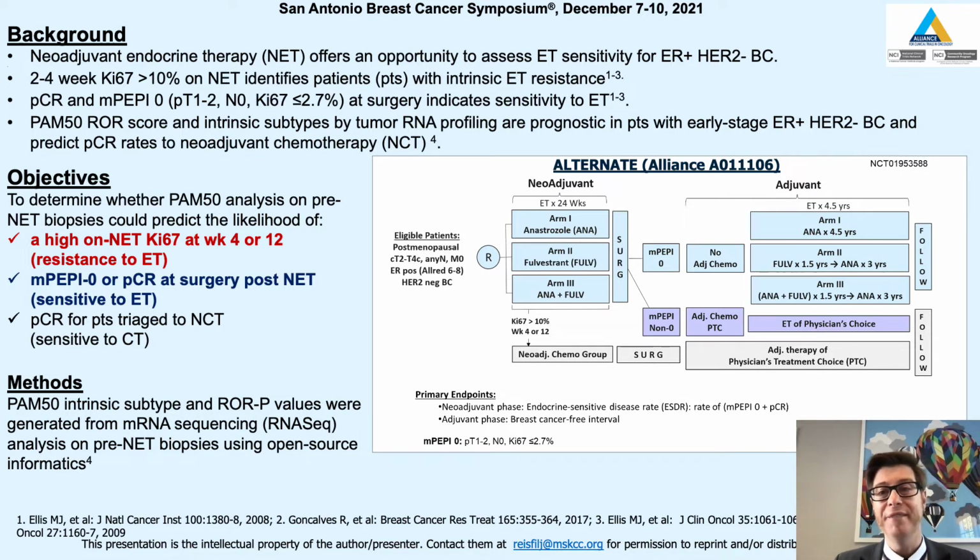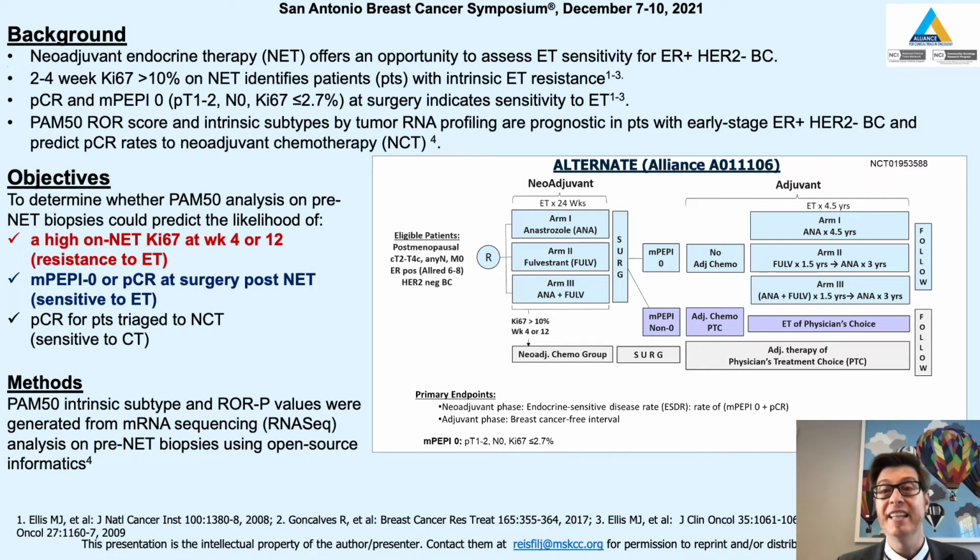So in this study, the authors sought to use PAM50, both the subtyping and the ROR, and apply it to pre-therapy biopsies from patients included in the ALTERNATE trial, which is a phase 3 study that randomized patients with ER-rich, meaning high levels of ER expression, into 3 neoadjuvant endocrine therapy arms. If the patients had a high Ki67, they could be triaged to neoadjuvant chemotherapy.